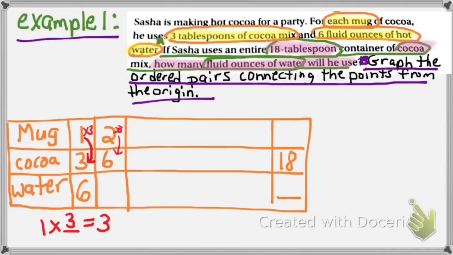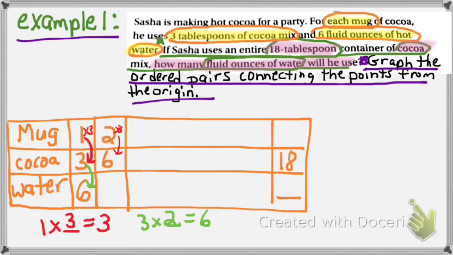Well, I don't know what the rule from cocoa to water is, so let's go back to my first column and figure it out. For 3 tablespoons of cocoa, I needed 6 fluid ounces of water. So we needed to go from 3 to 6. Would that be multiplying or dividing? Since it's whole numbers, I would be multiplying. 3 times what equals 6?